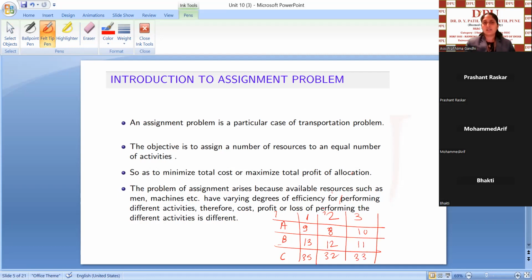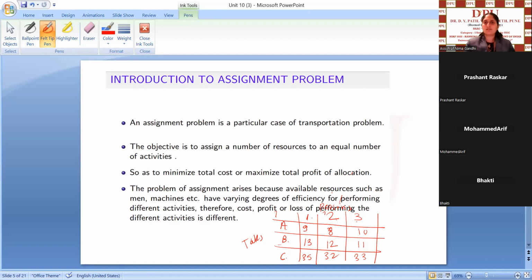So let's say these are the timings taken by the persons. So you have person one, person two, and person three, and you have three tasks like task A, task B, and task C. So you are doing the assignment one by one.